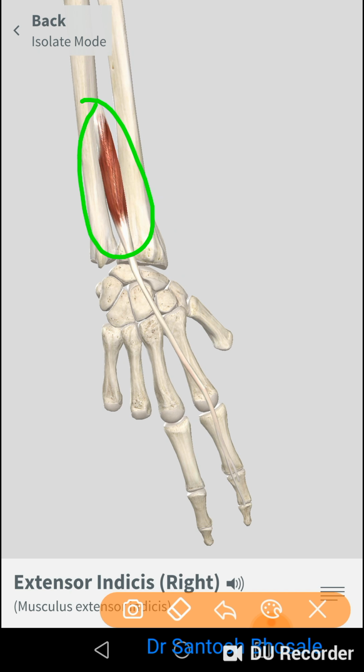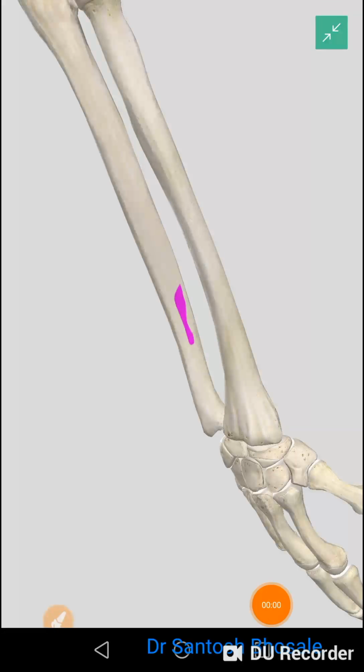It lies medial to the tendon of the extensor digitorum muscle for the index finger. Through the extensor expansion, it inserts into the dorsum of the middle and distal phalanx of the index finger. It helps in the extension of the index finger, and all these five deep muscles are supplied by the posterior interosseous nerve.